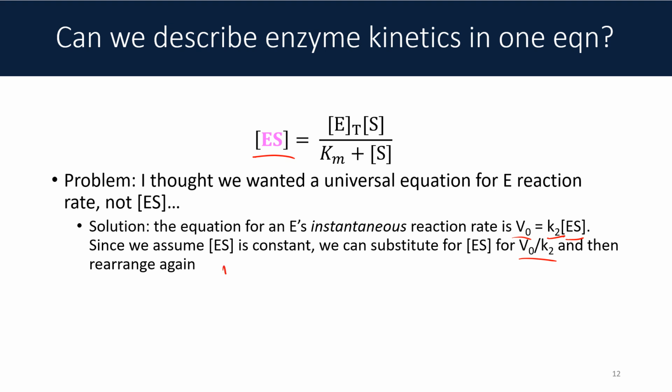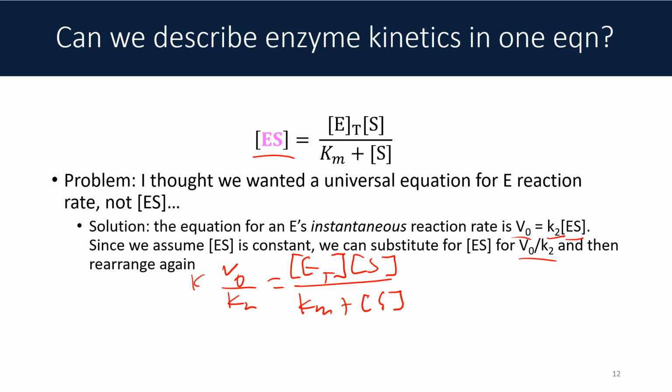So we get V naught divided by K2 equals ET times S divided by Km plus S. And we want this Y term to be clean, so multiply both sides by K2, and there you go.